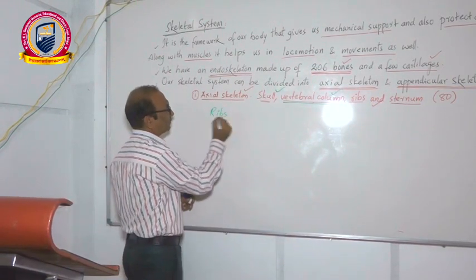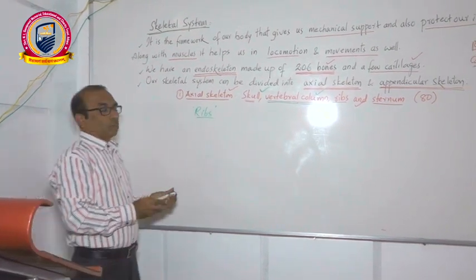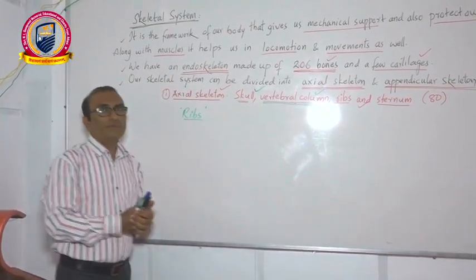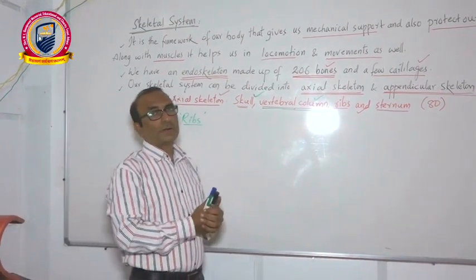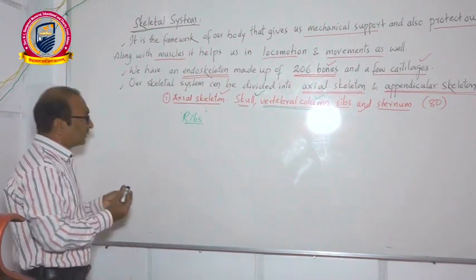Ribs are also very important, but before starting with the ribs, let me tell you one more important thing about the vertebral column. The vertebral column is very important for us. It is supporting our body, our back, and it has got 4 curves.